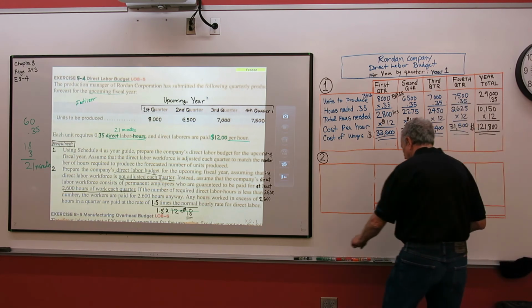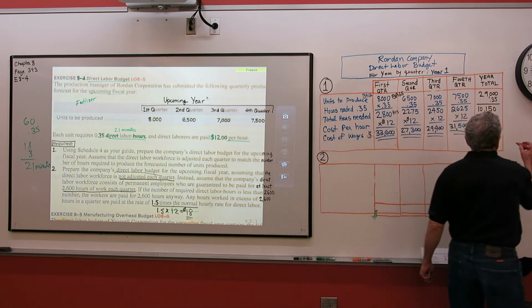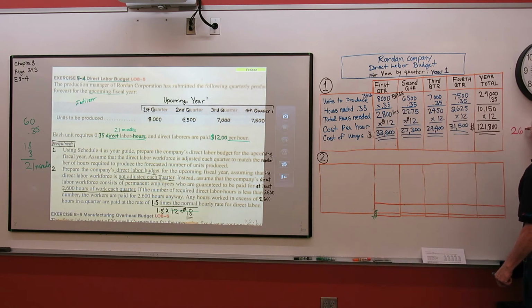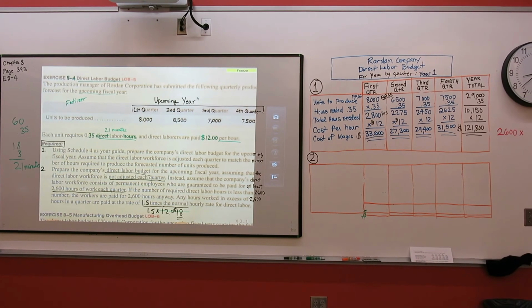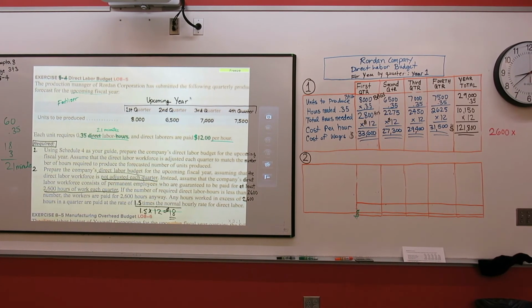Let's remember again this. We know this, that if they're guaranteed 2,600 hours, all right? If they're guaranteed 2,600 hours, let me adjust my, I don't know if you'll be able to see that totally. I want to adjust it just slightly. But they're guaranteed 2,600 hours, and that's at standard rate of pay. 26 times, wasn't it $12 an hour?